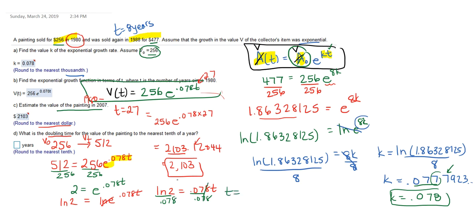So t equals natural log of 2 divided by 0.078. So this gives me the decimal 8.8865 years later. And we want to round this to the nearest tenth. So it would be 8.9 years if we round to the nearest tenth.